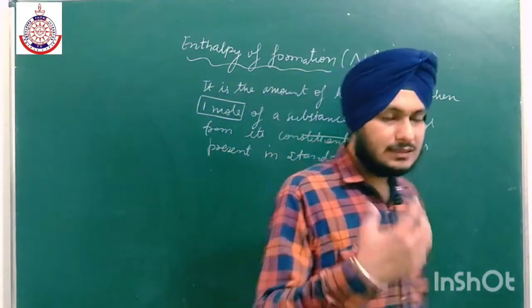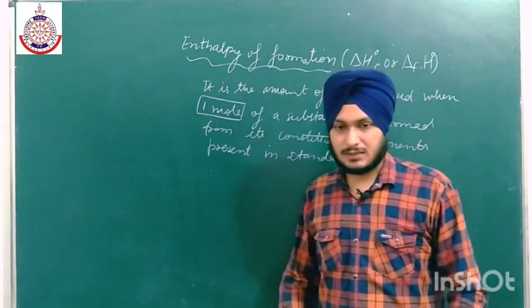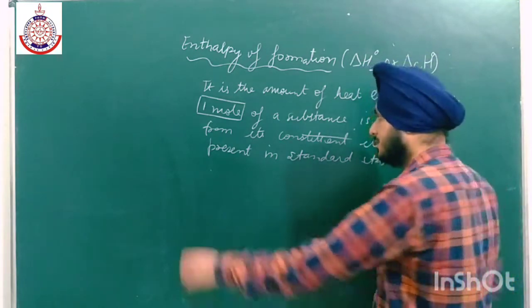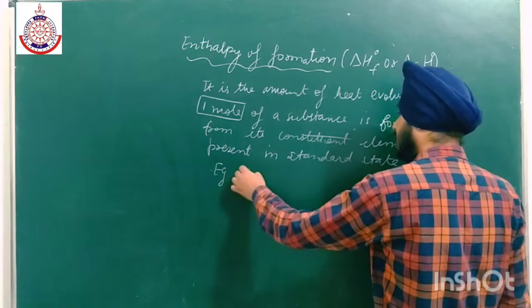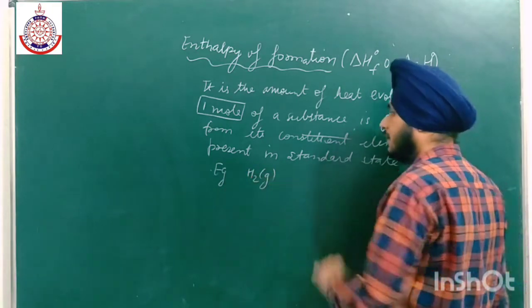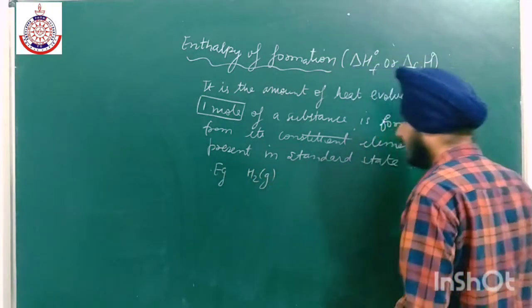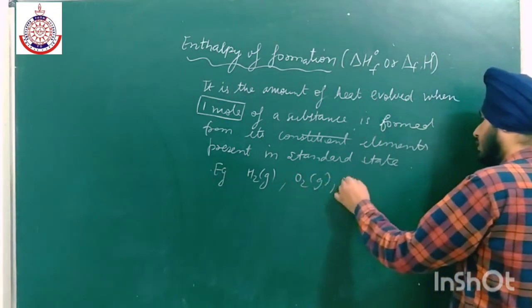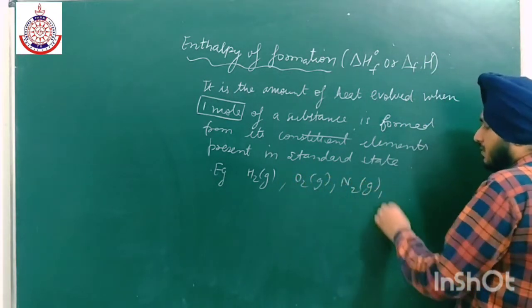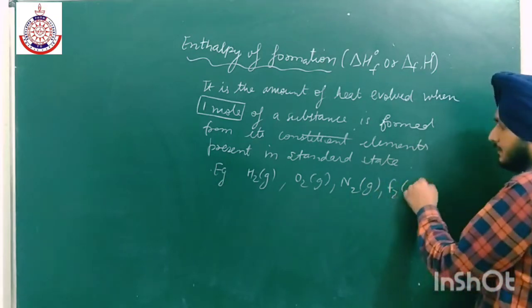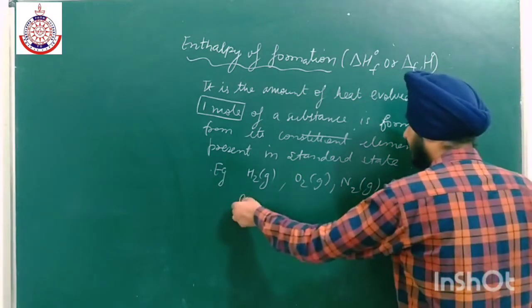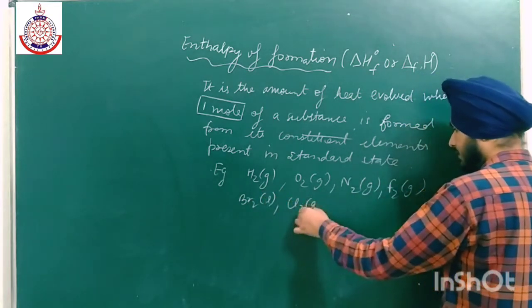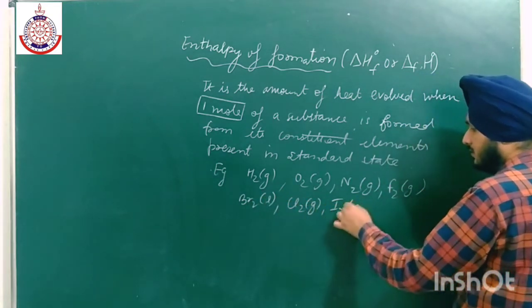Now what are the standard states? I am writing some standard states of the elements. For H2 we have gaseous. H2 is a gas, O2 is a gas, N2 is a gas, fluorine is a gas. These are the standard states. Br2 is a liquid, chlorine is a gas, iodine is a solid.